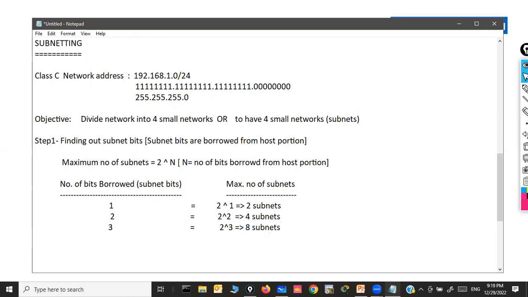If we borrow 4 bits, then 2 raised to the power 4, means total 16 subnets. 5 bits, then 2 raised to the power 5, equal to 32 subnets, and so on, right?